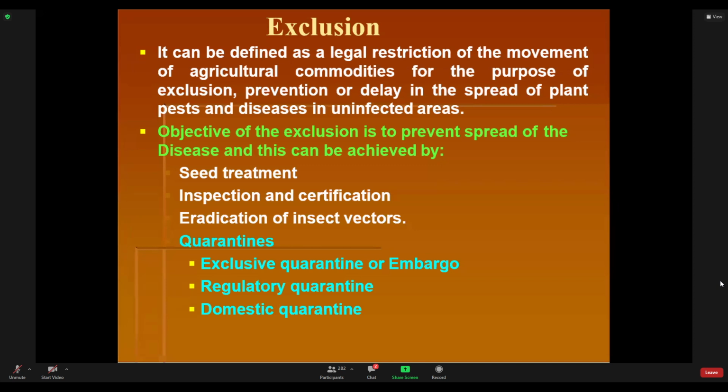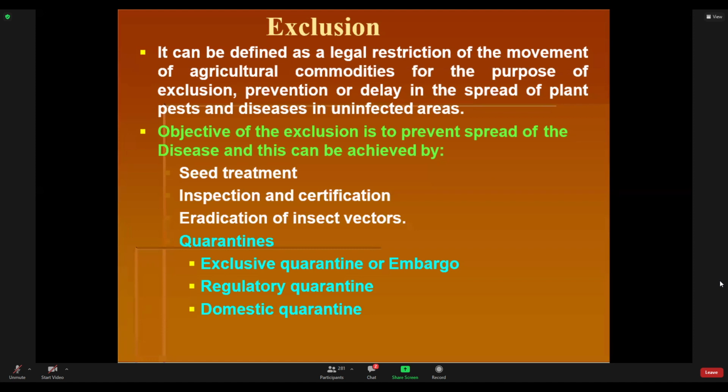And there are some other methods, for example, domestic quarantine. For example, blast disease of rice may be seen in Mymensingh region, but may not be seen in Pabna or Bogura or Khulna region. So the rice seed of Mymensingh region should not be moved to other regions where the blast disease is not present.